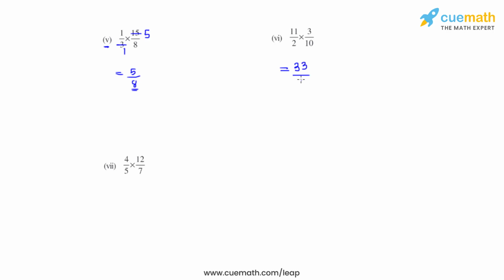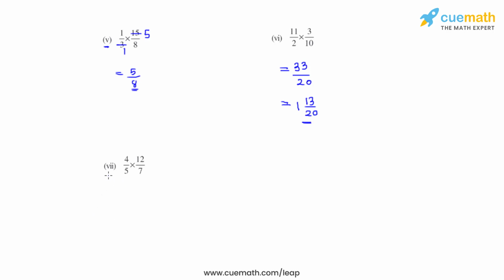Multiplying the denominators, we get 20. As this is an improper fraction because the numerator is greater than the denominator, we divide 33 by 20, we get the quotient as 1, remainder as 13. So the mixed fraction for the product is 1, 13 over 20.